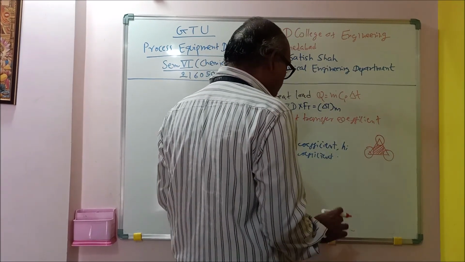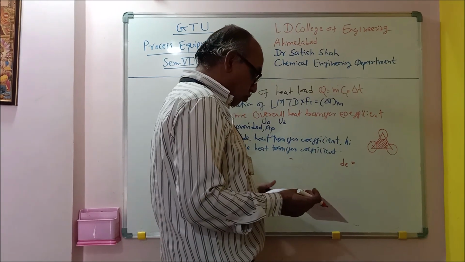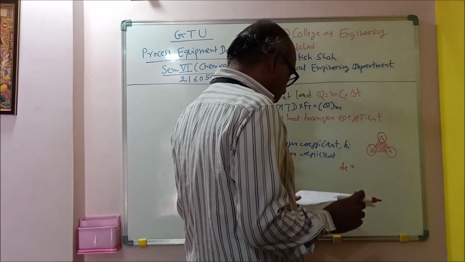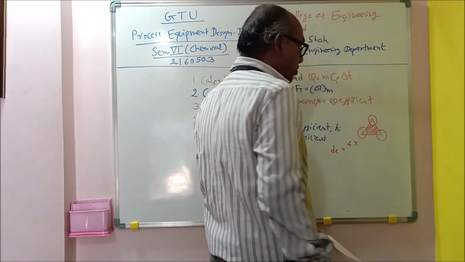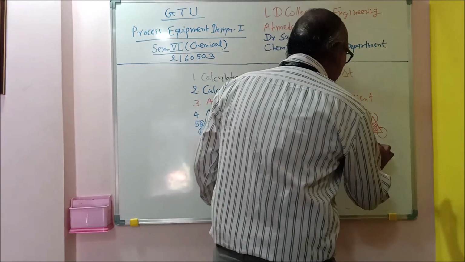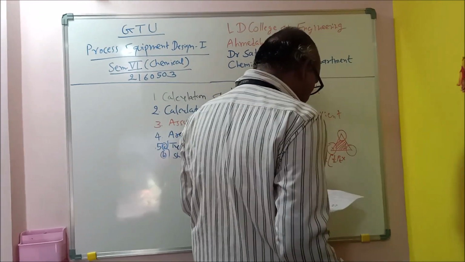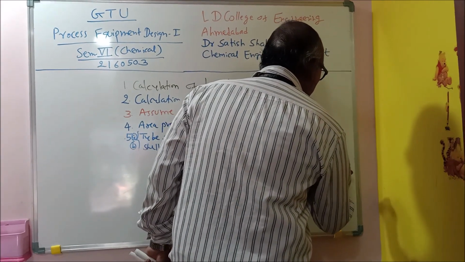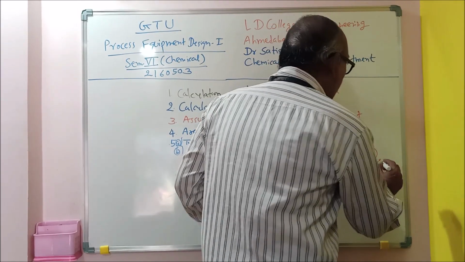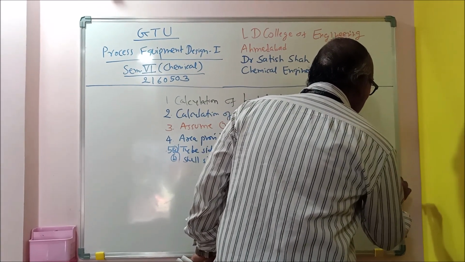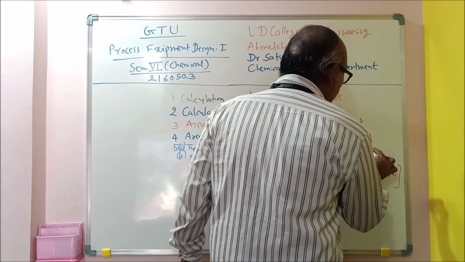So here you can write down DE, that is equal to 4 into cross section area. What is the cross section area? It will be 1/2 PT into PT sin 60, that is 1/2 base into height, minus pi by 8 DO square. If you see here, it will be a half circle, 60, 60, 60.